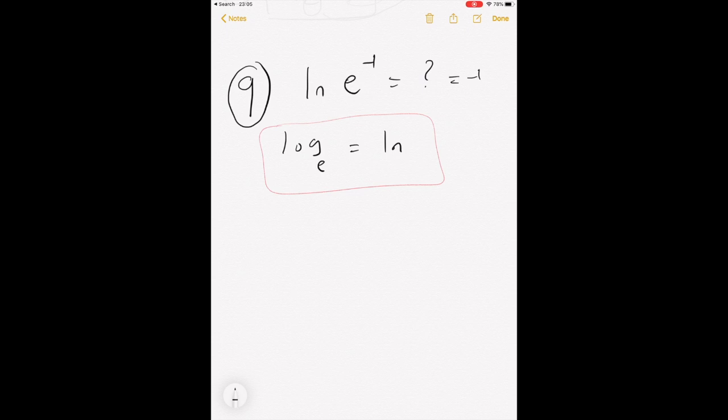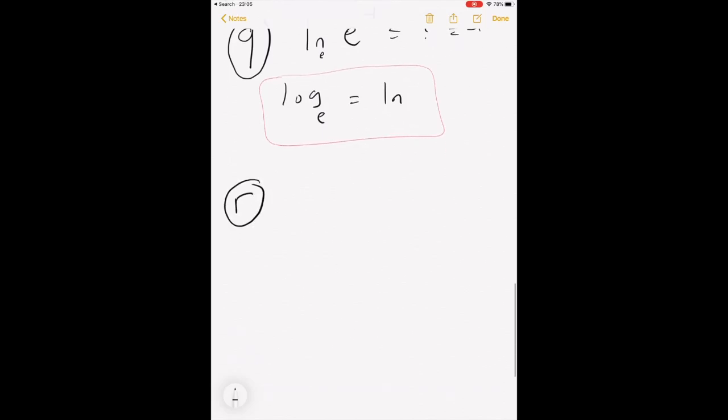But just in case, if you want to imagine it, you just imagine there is an e to the minus 1 that gives you e to the power of minus 1. Let's look at r, and this one says ln 1, and always remember there's an e value here, e to the power of something gives you 1.